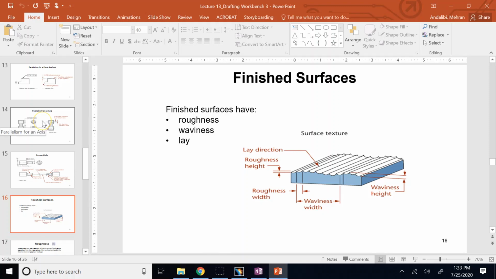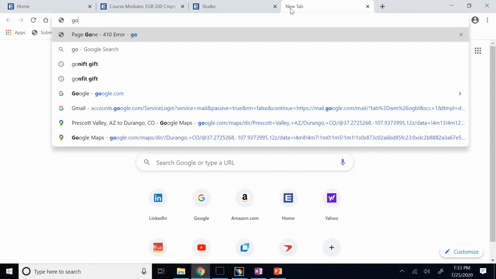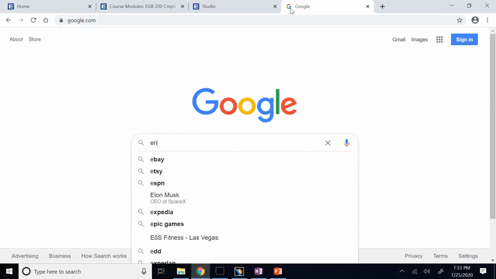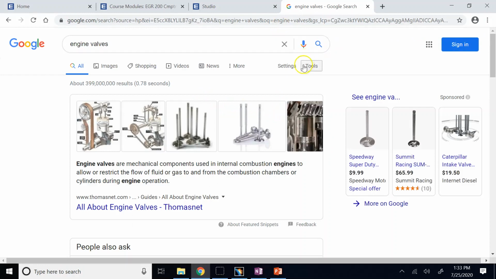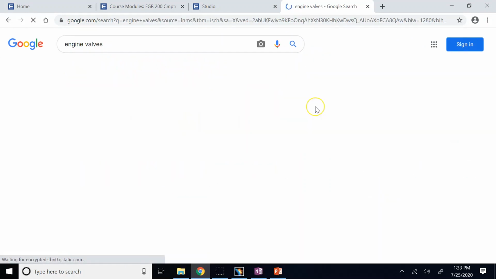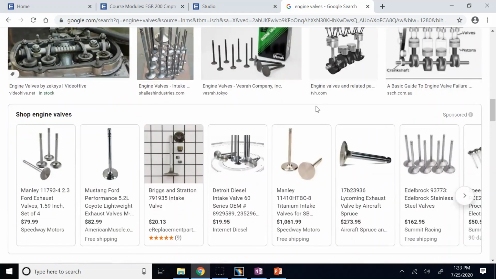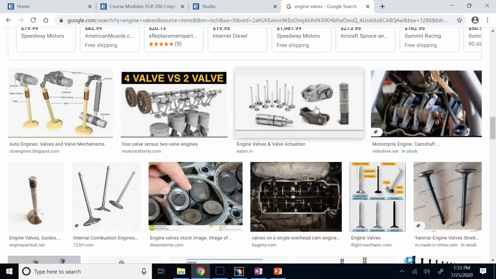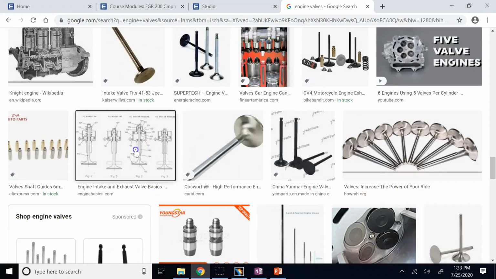For example, for the engine valves that I mentioned earlier for the detail view, when you have the engine valves sitting against the body of the engine, here.